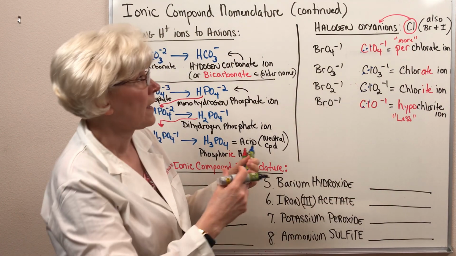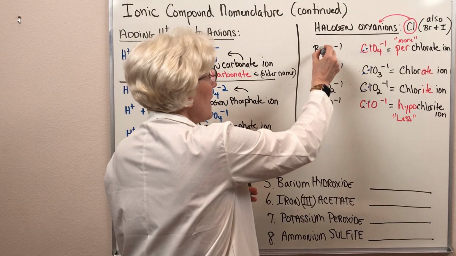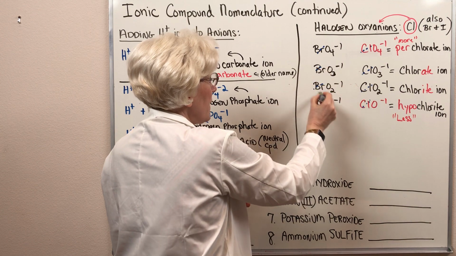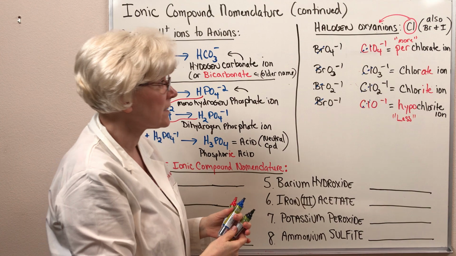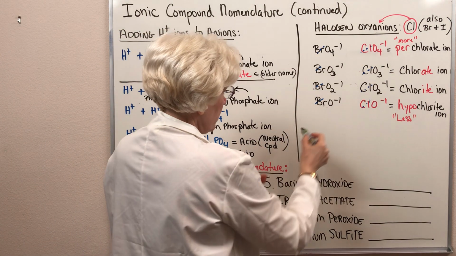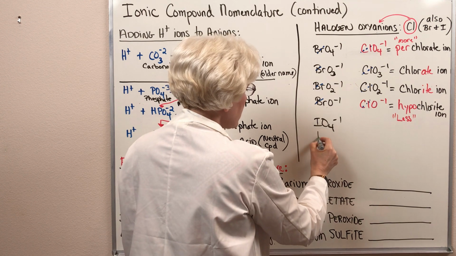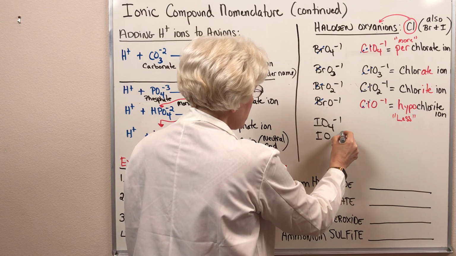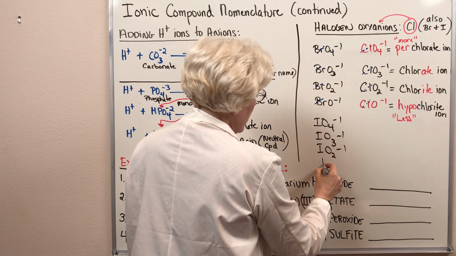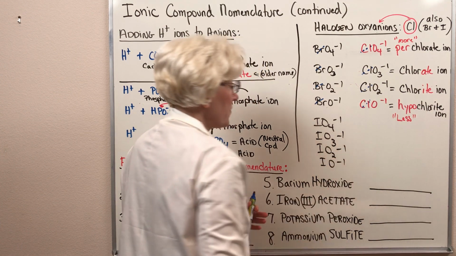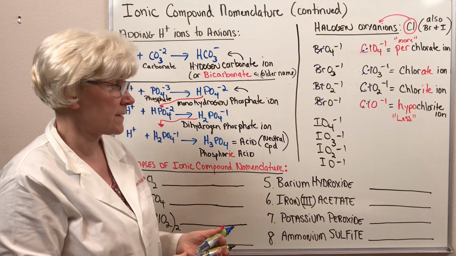And you can replace the bromine with iodine and come up with the iodine oxyanion series, writing it down here: periodate, iodate, iodite, and then hypoiodite, the iodine oxyanion series.